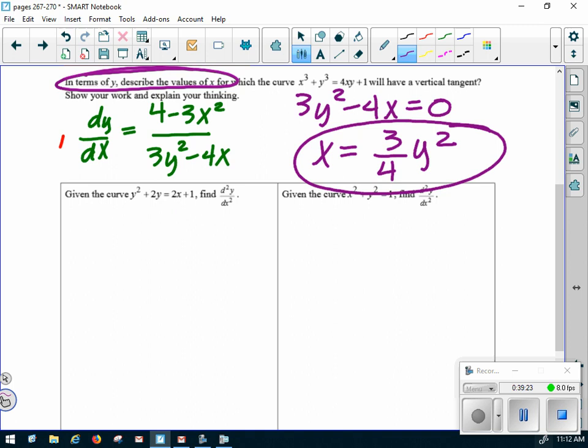We showed the work. What was your thinking behind the work? What do we know? What did we have to do? When a slope is undefined, that means the denominator has to equal 0. So we set the denominator equal to 0. That's all you're going to have to say.